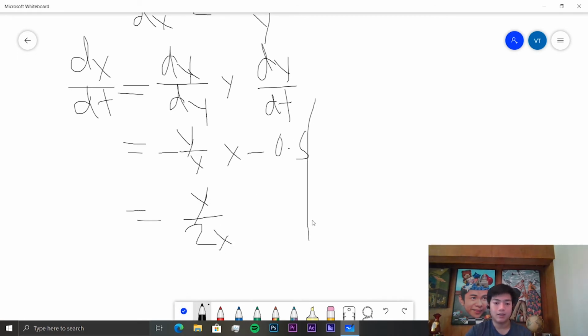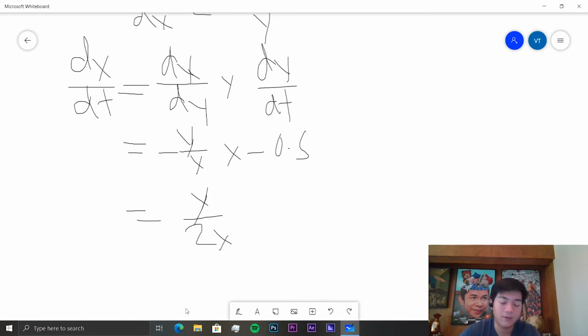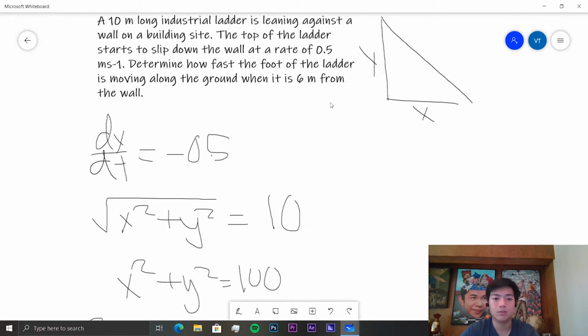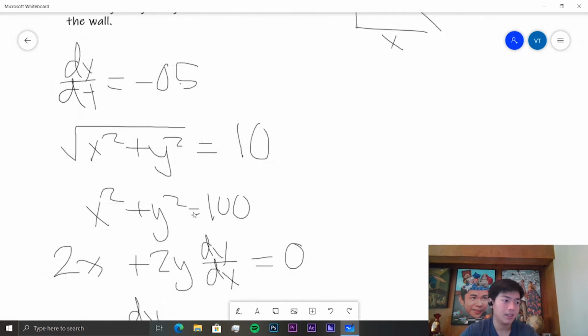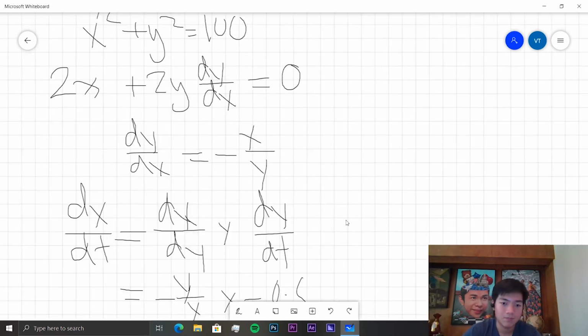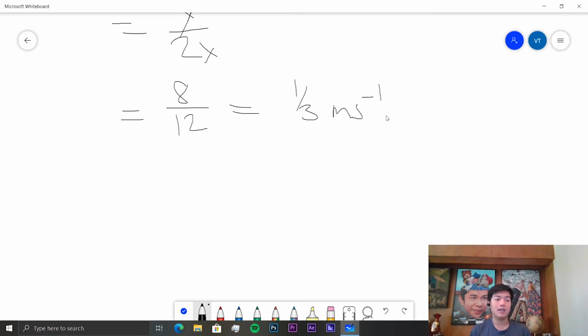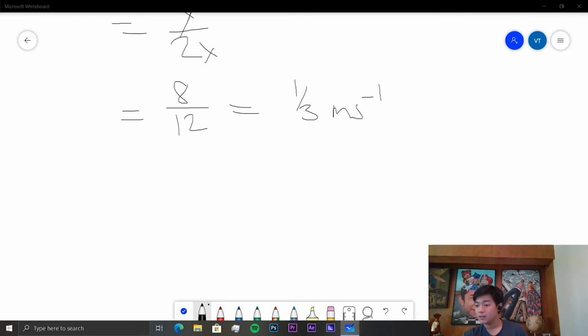I believe we have to get how fast it's moving when the foot of the ladder is 6 meters from the wall. Using this equation, we can also get the y value at that point, and that's when y would be 8, since 6 squared plus 8 squared equals 10 squared. So the rate would be 8 over 2 times 6, which is 12, so this would be 1/3 meters per second. So the foot of the ladder is moving at 1/3 meters per second outwards at this certain point. Is that correct? Yeah, that's correct.